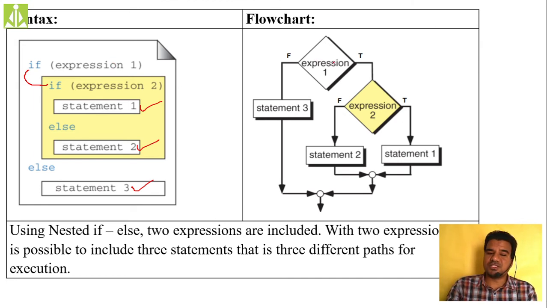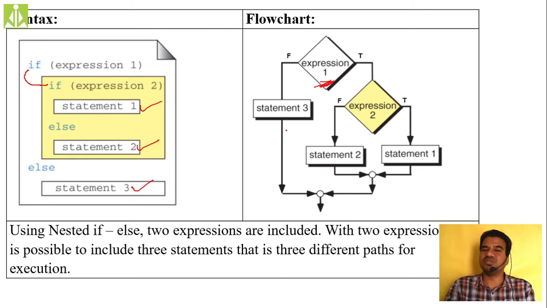In this flowchart you can understand very clearly. Whenever expression 1 is true, only in that case will it go to expression 2. If expression 1 is false, we directly execute statement 3 and exit, without going into the nested if else.